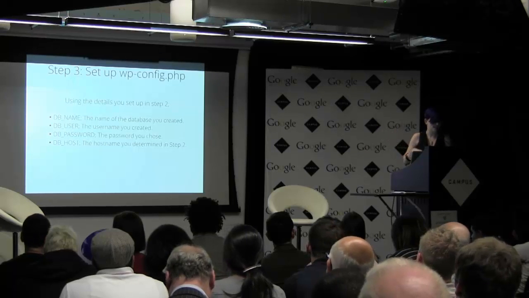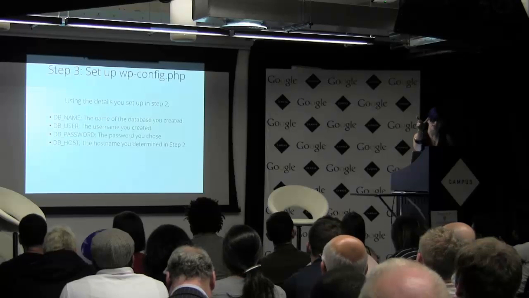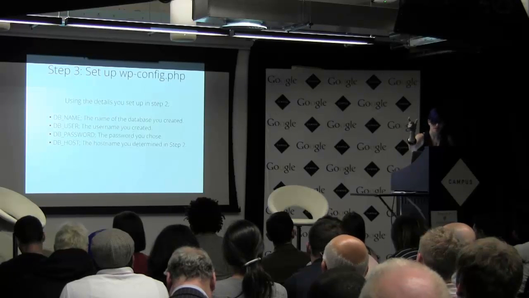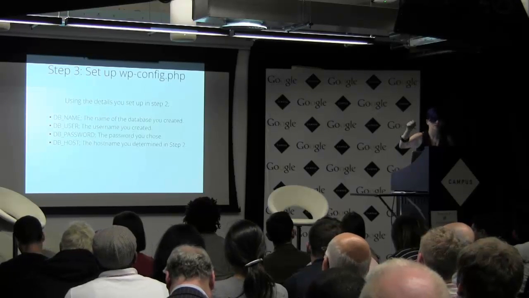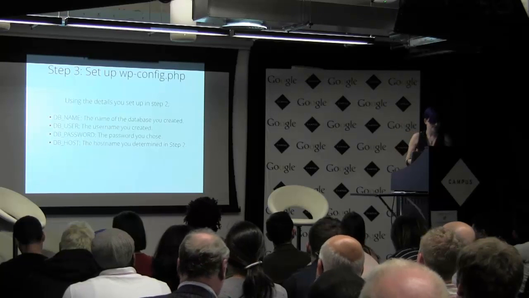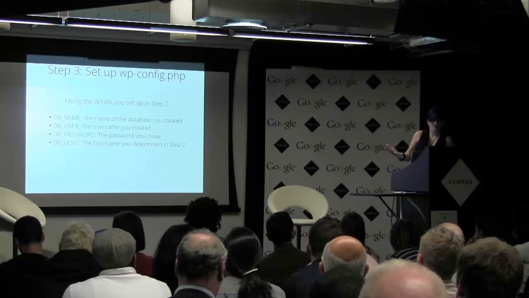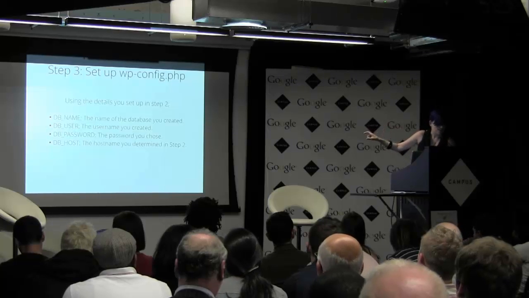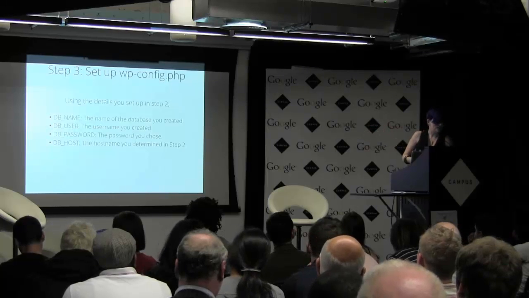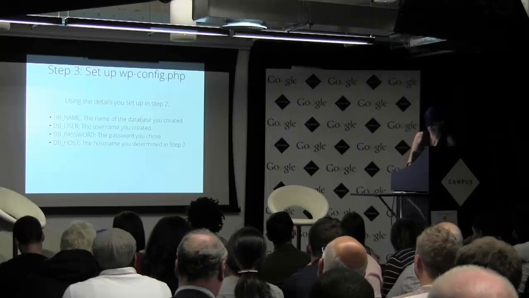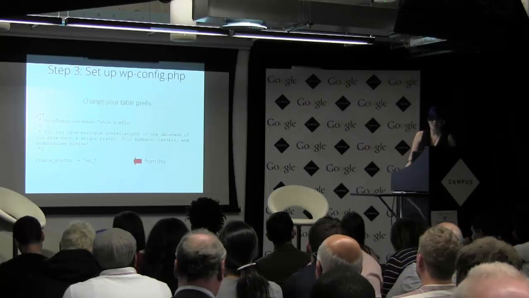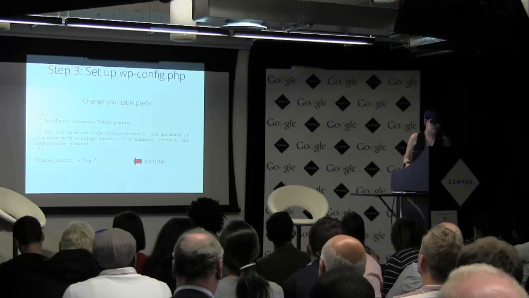So the database name, there'll be a bit where it says database name, and then there'll be a placeholder. So you just overwrite that with the database name you've chosen. Same with password. And then of course at the host name, you put the host name that you determined in step 2. Then you can also change your table prefix.